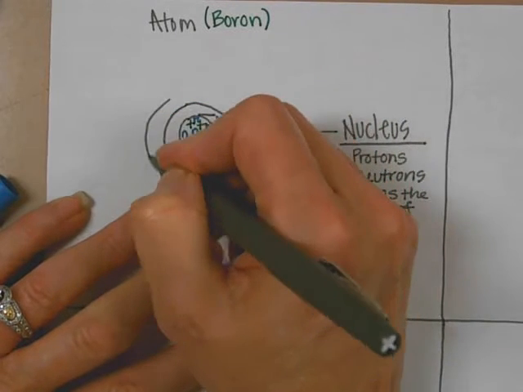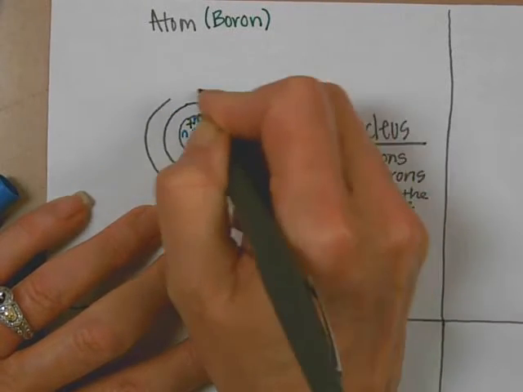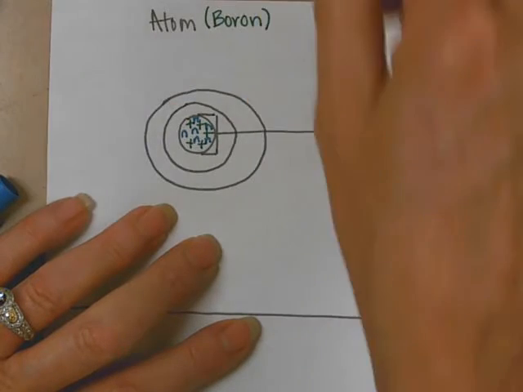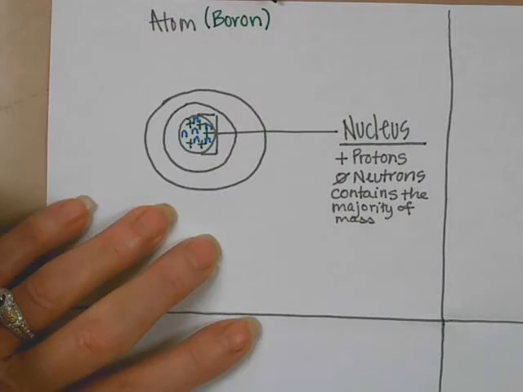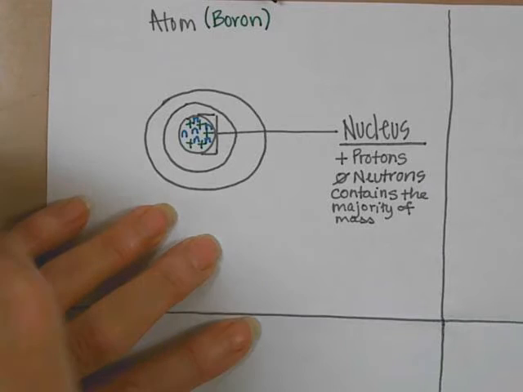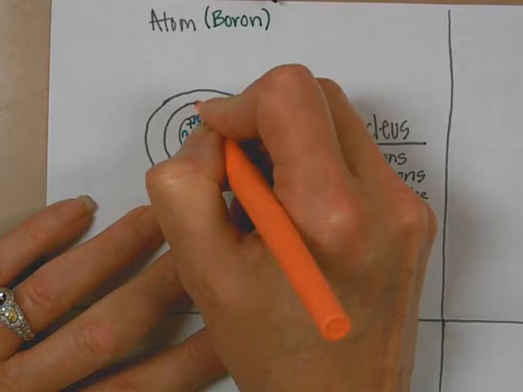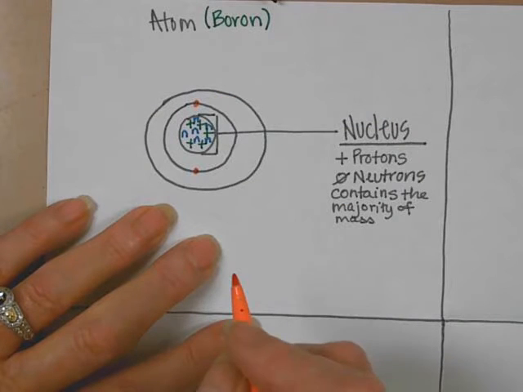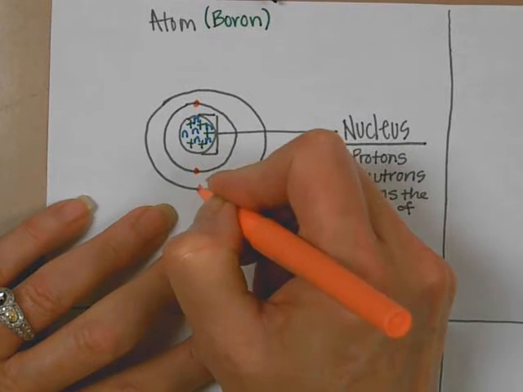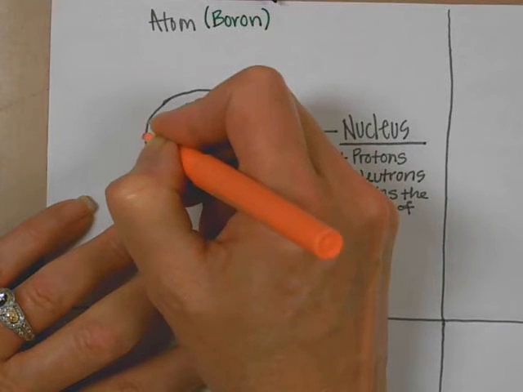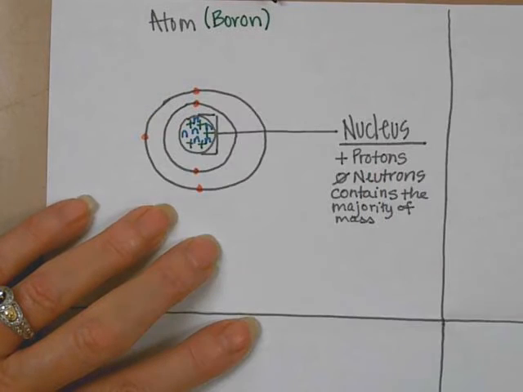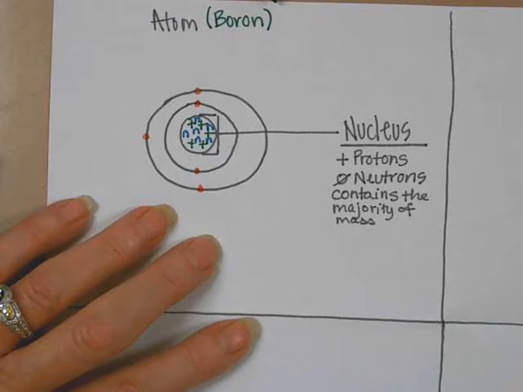I'm going to draw my 2 energy levels in the electron cloud, and I am going to use a little dot for electrons. So 2 on the first energy level, and then 3 on the second energy level. That would be an atom of boron.